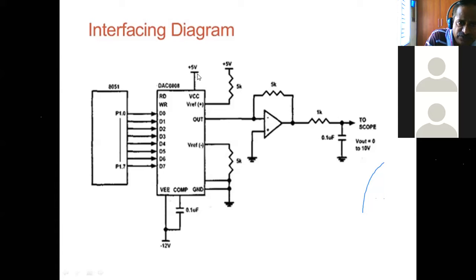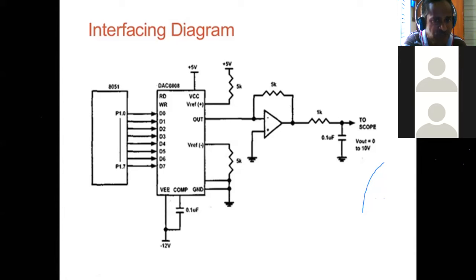Now VCC plus 5 volts is applied here, and V reference, that is pin number 14, plus 5 volts divided by 5K gives 1 milliampere. So to get 2 milliampere we must use 2.5K. Now minus V reference.